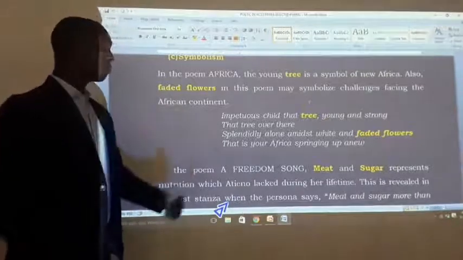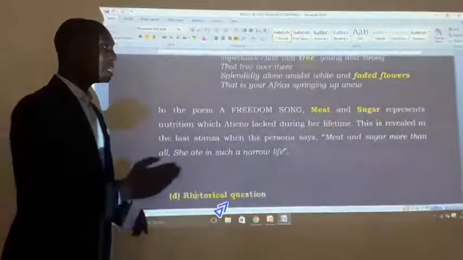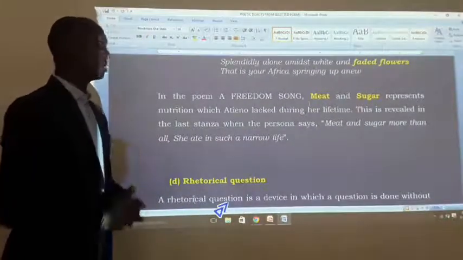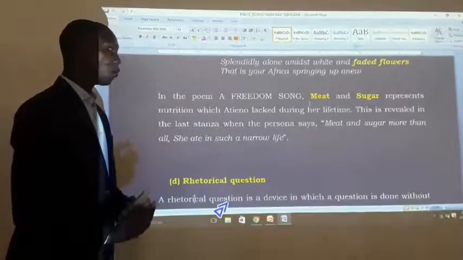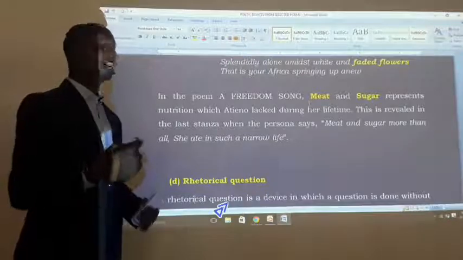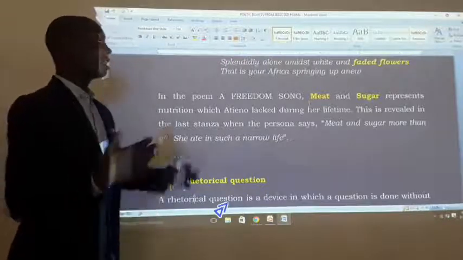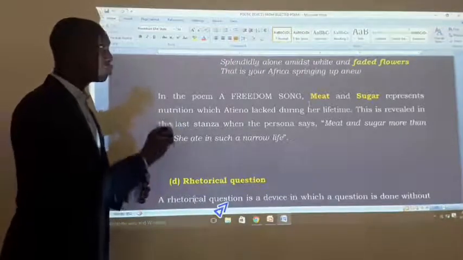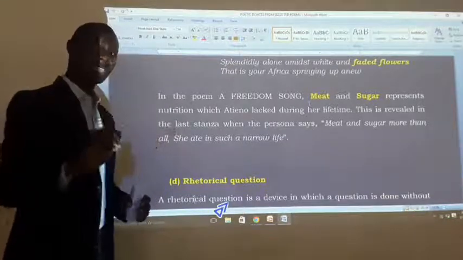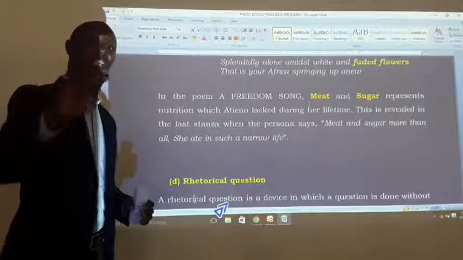But as in the poem Freedom Song, meat and sugar represent nutrition which Atieno lacked during her lifetime. This is really the last stanza, where the persona says, "meat and sugar, more than all she ate such in our life." Here the poet used meat and sugar to represent that, among other things, Atieno lacked nutrition.